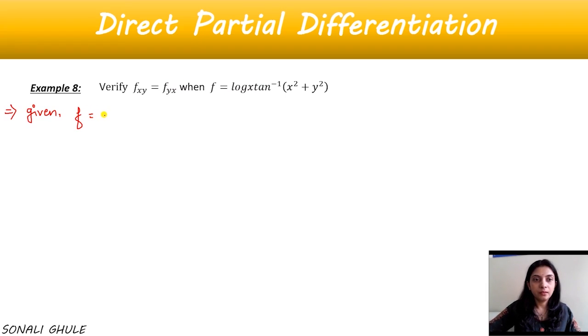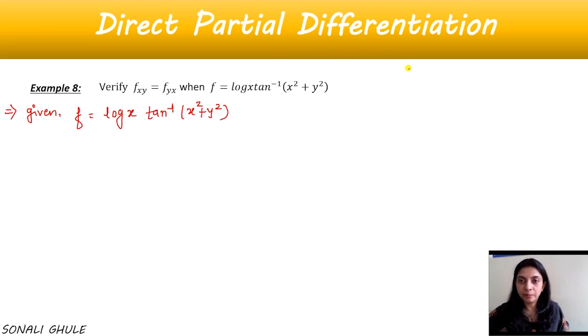f is equal to log x tan inverse (x square plus y square), right? So here I'll find the left hand side first. Let me tell you what it means.